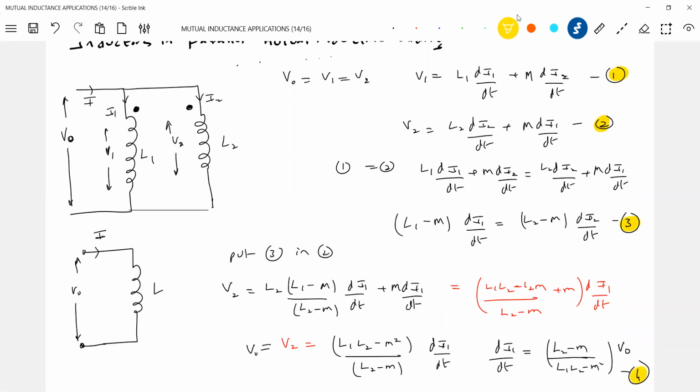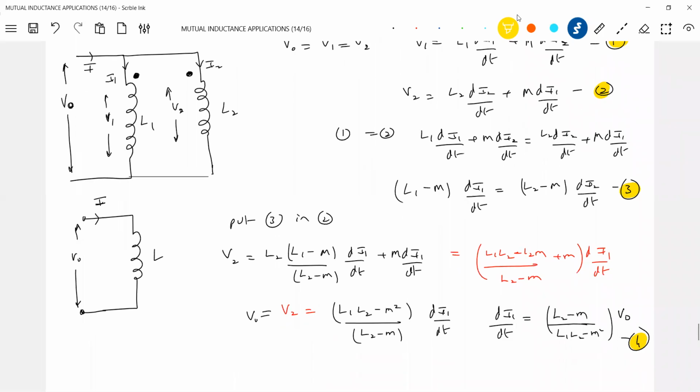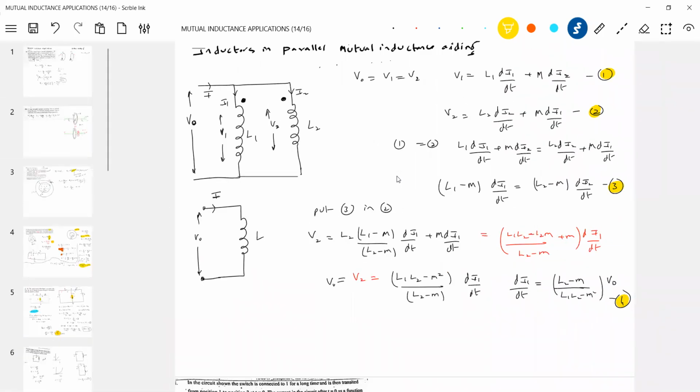After getting di1 by dt, I can solve for di2 by dt. So whose help? I'll take help of equation 3. Putting 4 in 3, we'll get expression for di2 by dt. Put 4 in 3 and solving di2 by dt, L2 minus M will get cancelled, no?